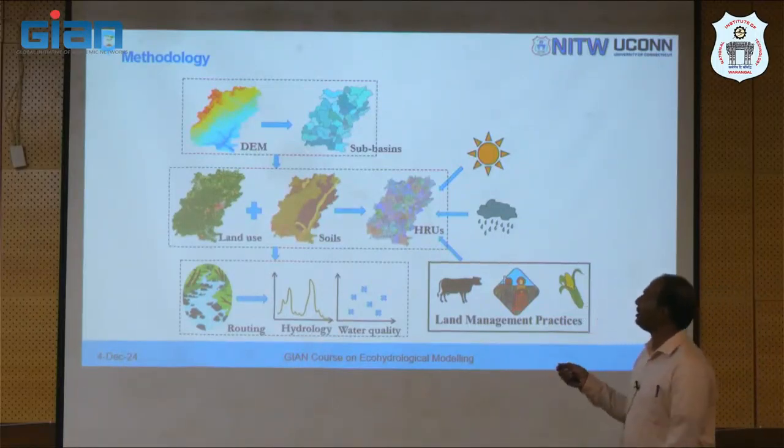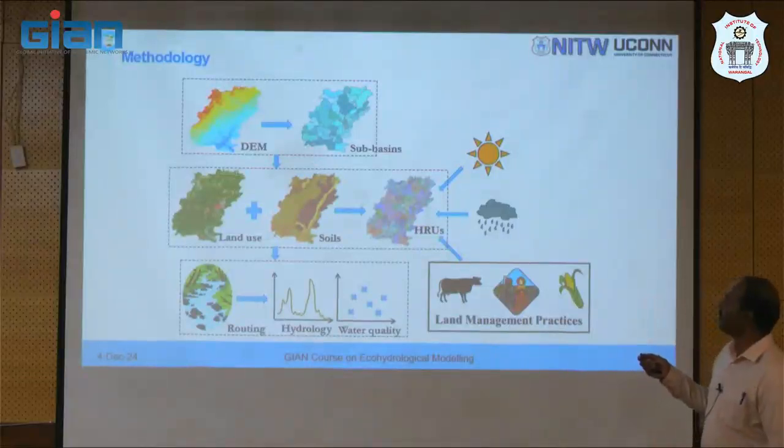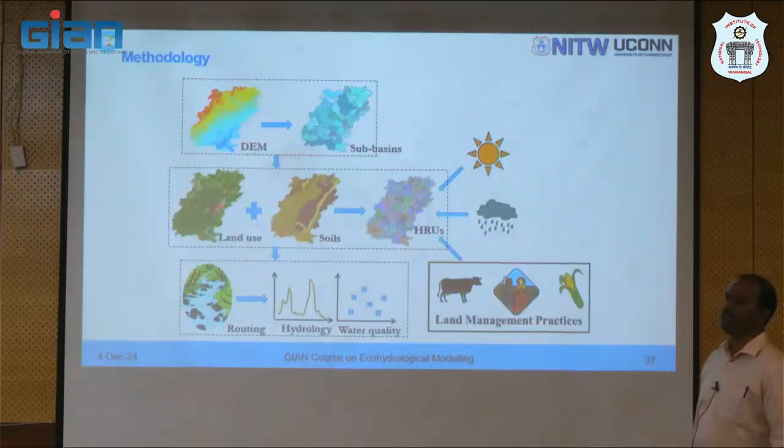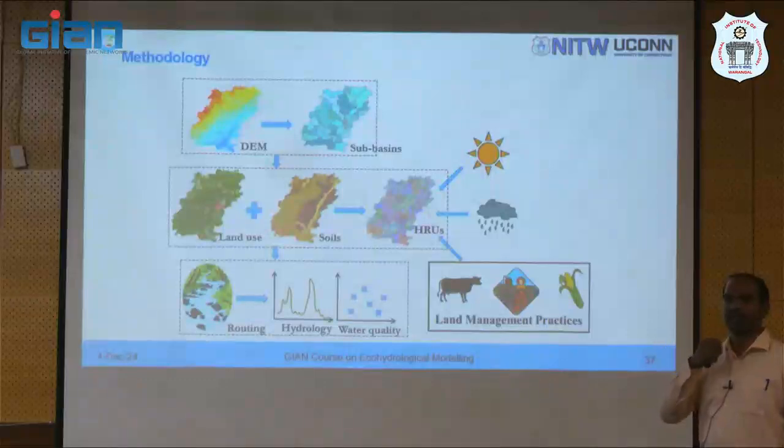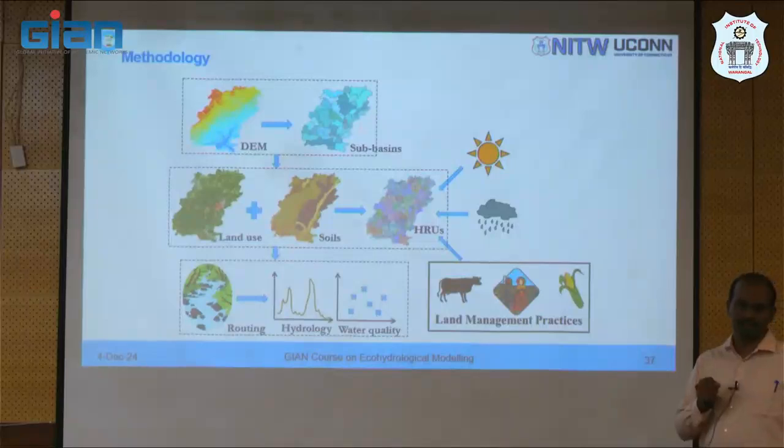For example, let us take this particular subbasin. There is a unique combination which is occurring close to this point, and another unique combination that is occurring a little upstream. Now, what SWAT does is lump both of them into a single HRU. It takes out the spatial interconnection within a subbasin.